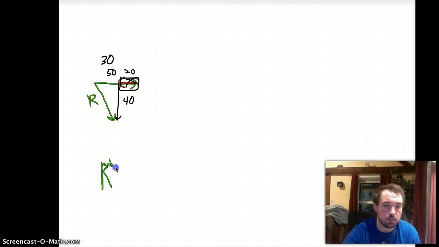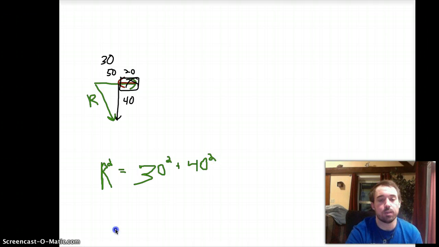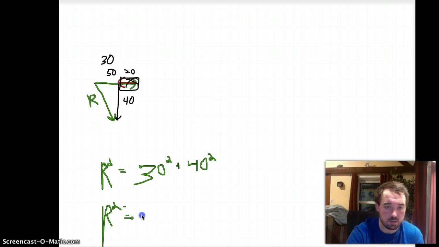R squared equals 30 squared plus 40 squared. It's really hard to do that on a mouse pad. R squared equals, oh my gosh, 30 squared is 900. Wow, this is really hard.